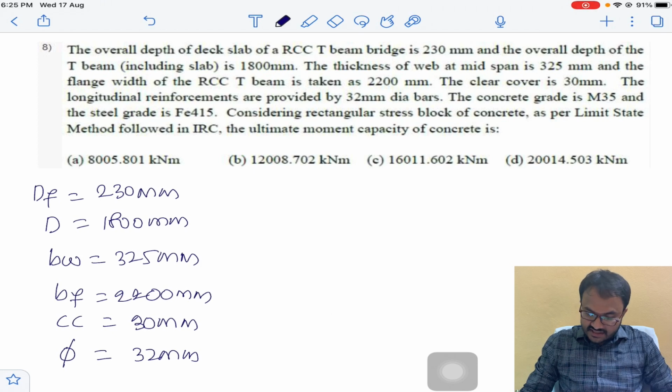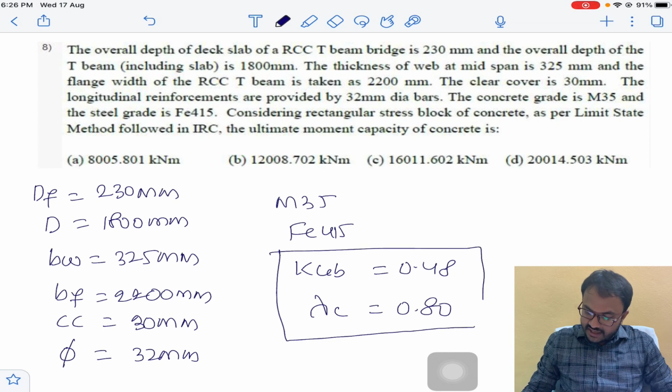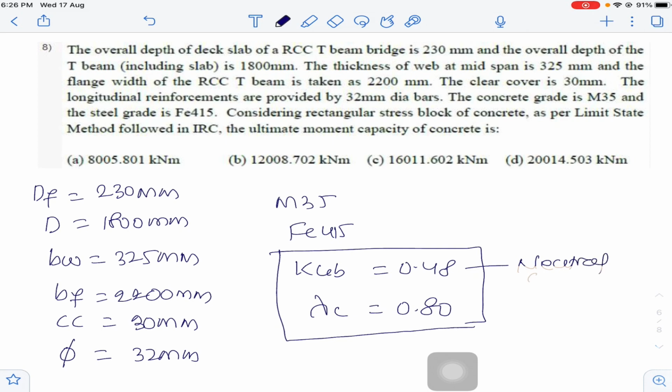Along with this data, he has given M35 and Fe415. He has given KUB, that KUB is equal to 0.48. You need to remember these two values to solve this question. So lambda C is equal to 0.80. Clear? So here KUB is the neutral axis factor.